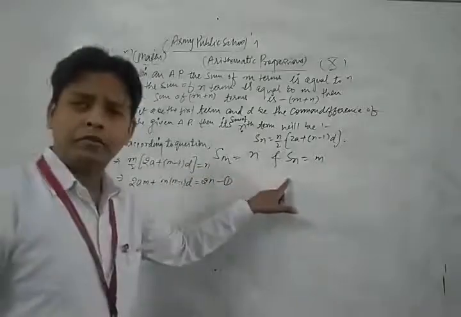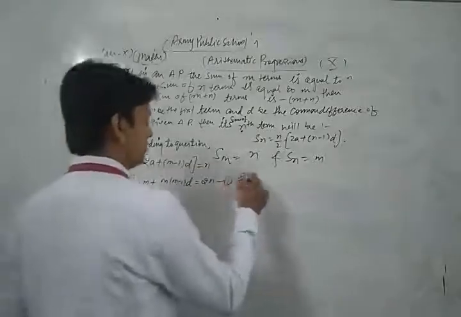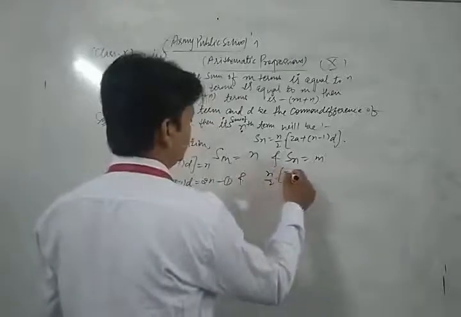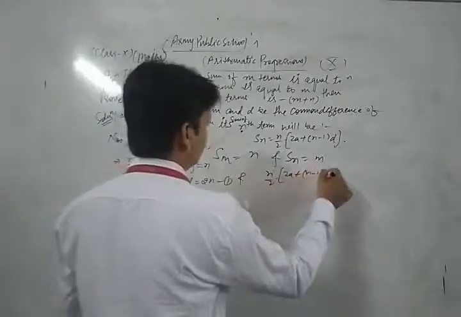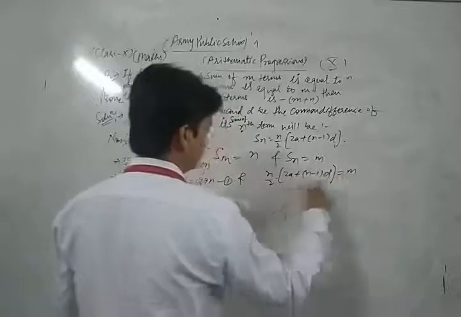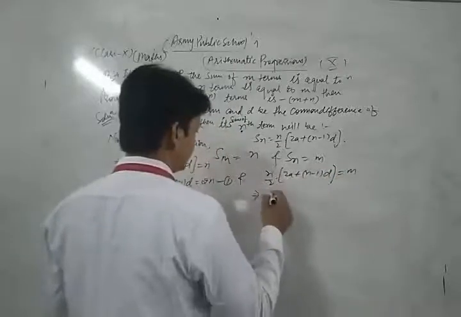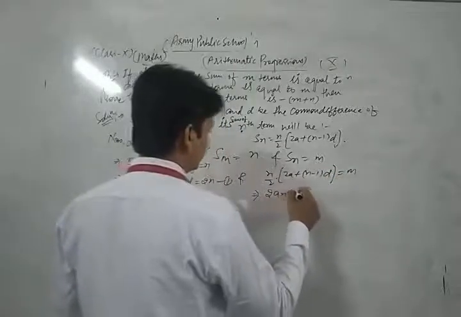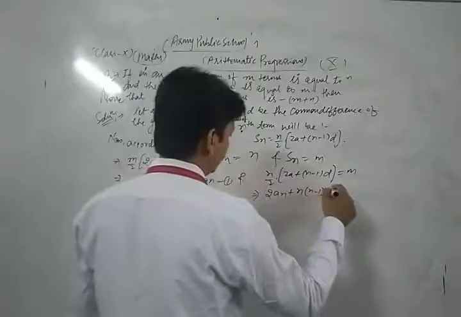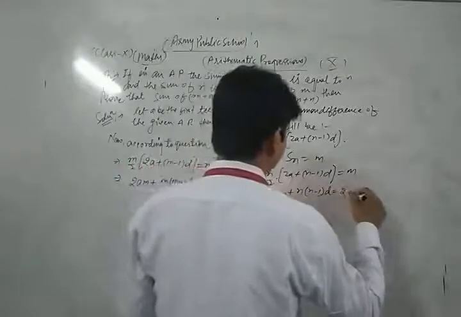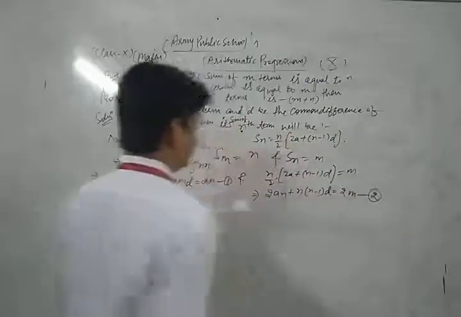Similarly, the sum of n terms means n by 2 in bracket 2a plus (n minus 1) into d is equal to m. So we do cross multiplication, and we get 2an plus n(n minus 1) into d is equal to 2m. Take this as equation number 2.